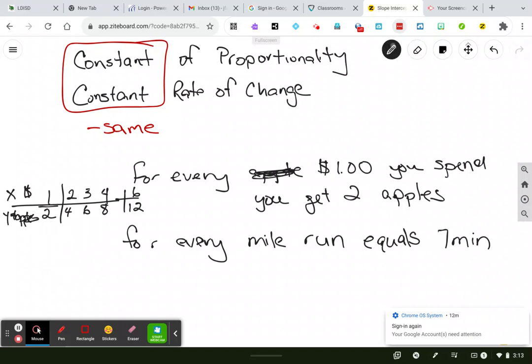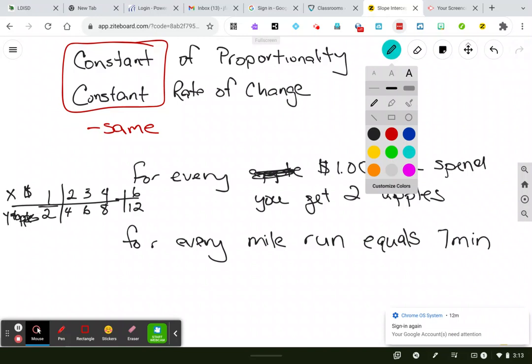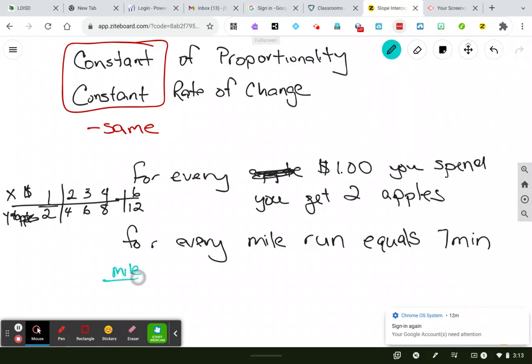If we use this example, where we're looking at miles and minutes, so x and y: I run 1 mile, I go 7 minutes. I run 2 miles, I go 14 minutes. I could run 5 miles, and 5 times 7 is 35. It's going to take me 35 minutes to run 5 miles if I follow this constant rate of change.